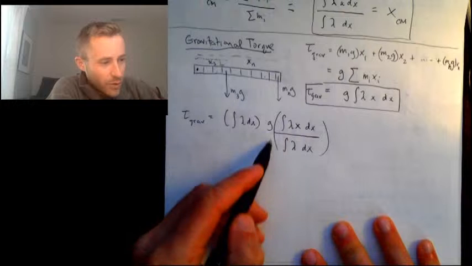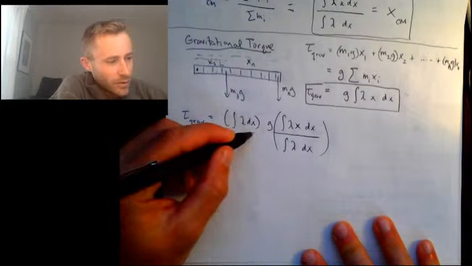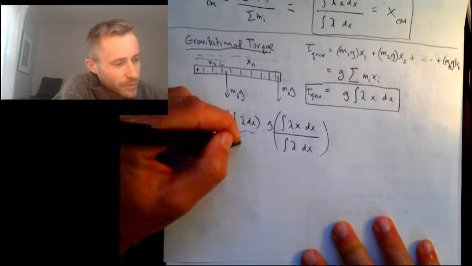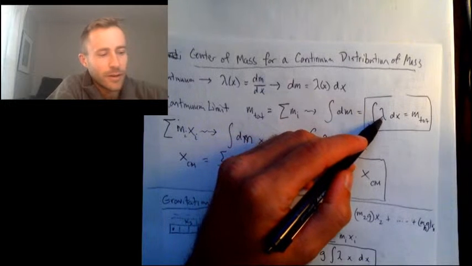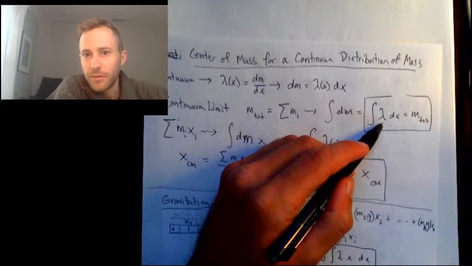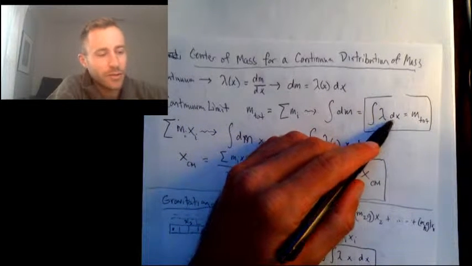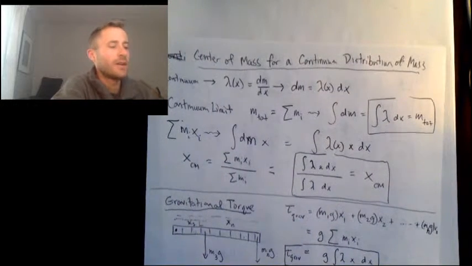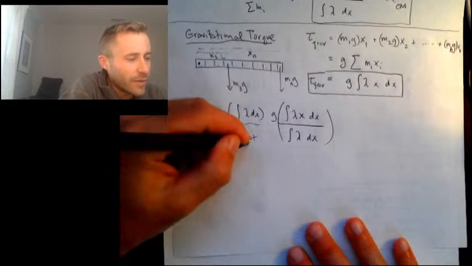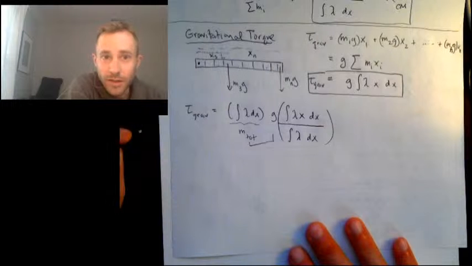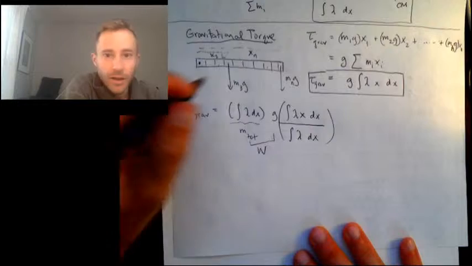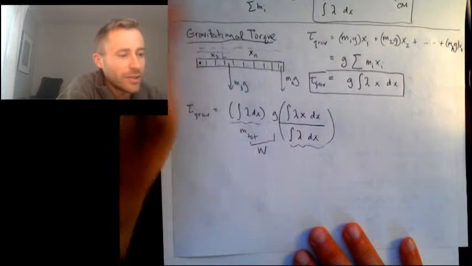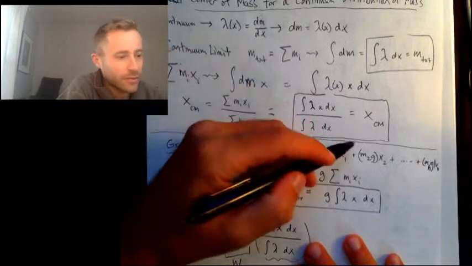But if you notice, this is m_tot, because we already set up that the integral of lambda of x times dx is m_tot. Then you have m_tot times g, so mass times gravity is the total weight. And right here, we see the definition of center of mass.